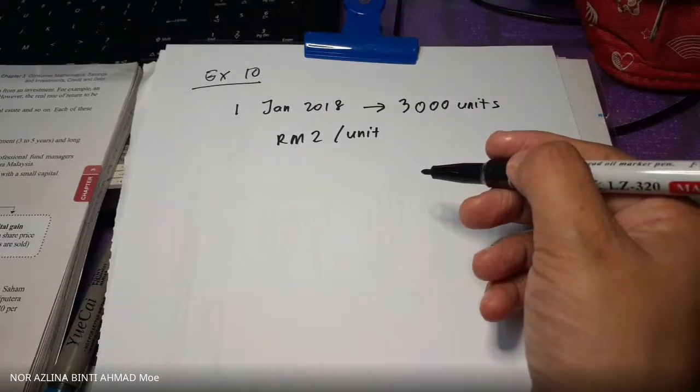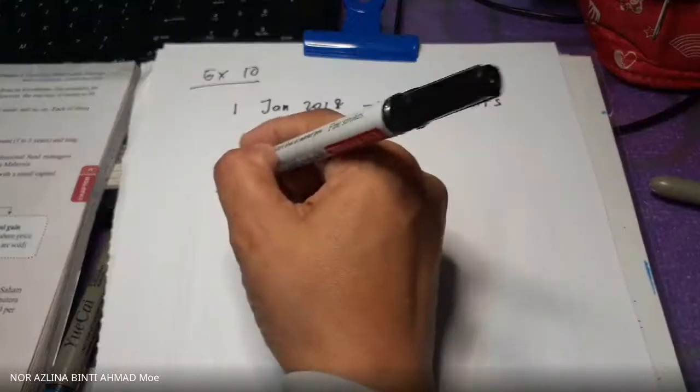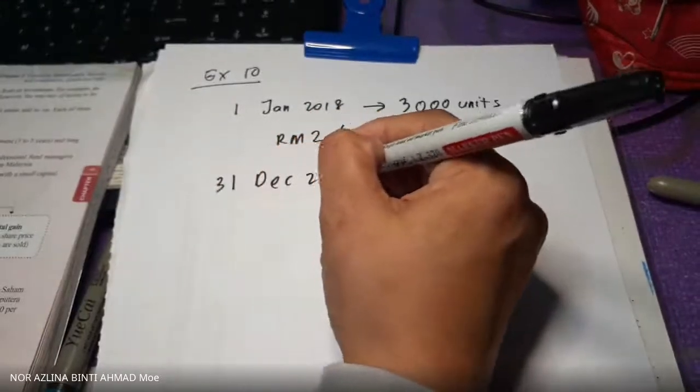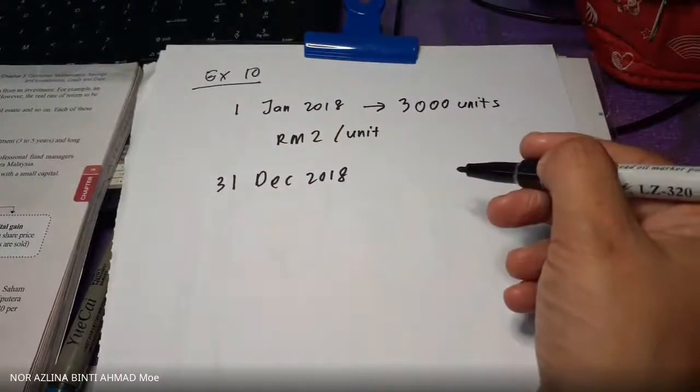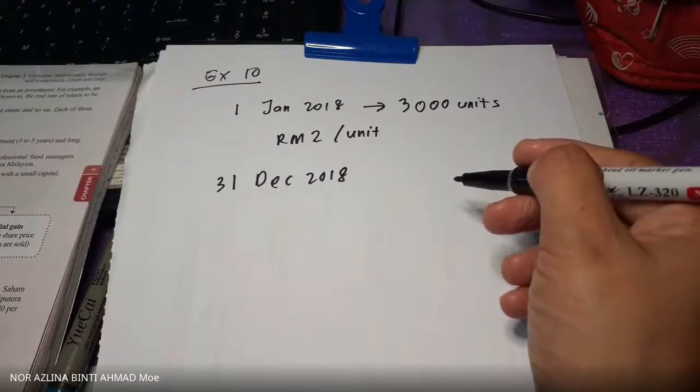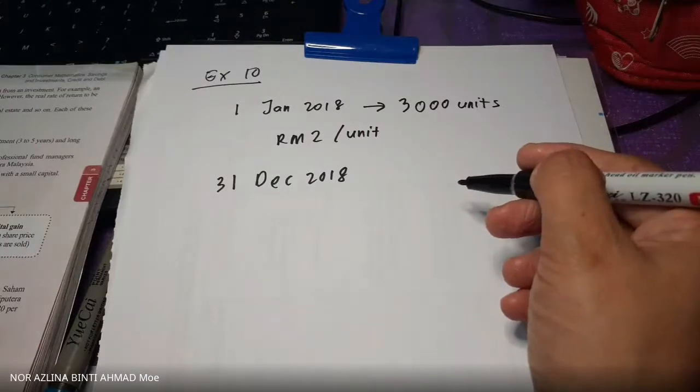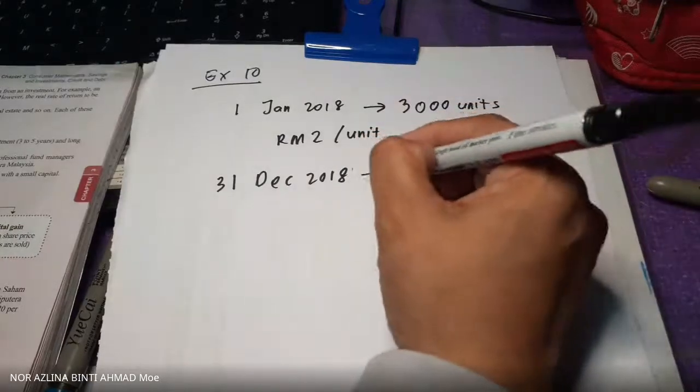For the financial year ending 31 December 2018, ni maknanya dalam 1 tahun lah, Amanah Saham Bumiputera paid a dividend of 5%.